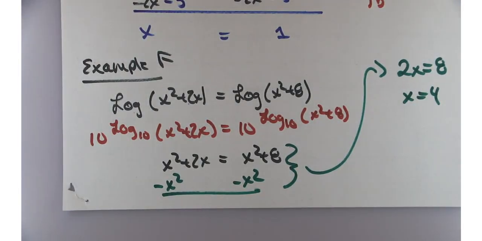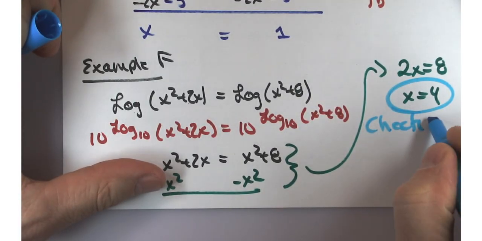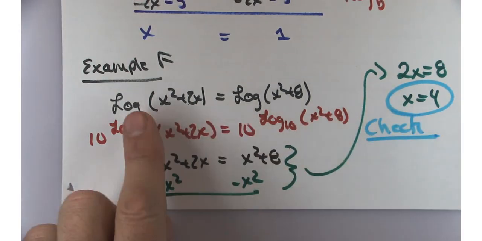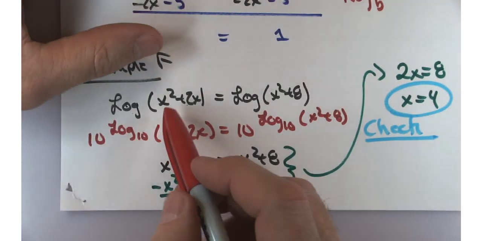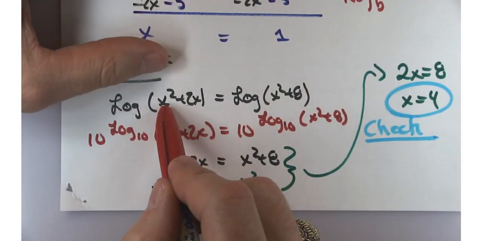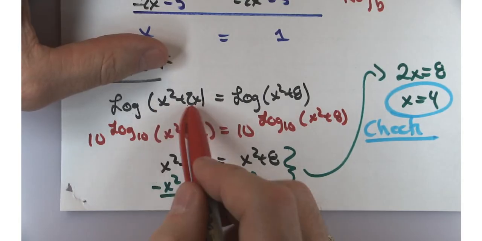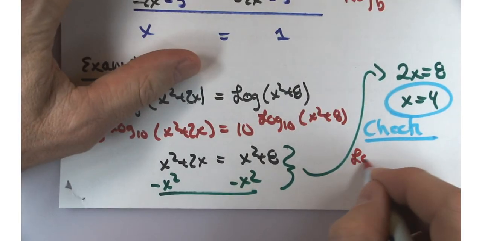Great. Well done, thank you, Madison. We've got to check it. If I put in a 4 here, 4 squared is 16, 2 times 4 is 8, and 8 and 16 gives me 24. So I end up with a log of 24.